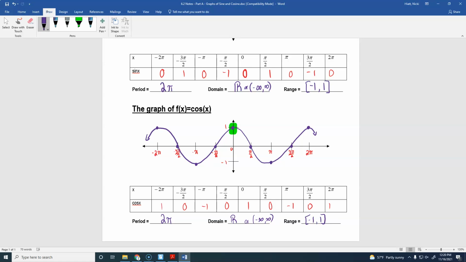Now, what's so cool about this is, the reason we spend so much time on unit circle is to try to help you connect why triangles relate to these graphs. Because these graphs, we're going to look at where they apply to crazy situations that have nothing to do with triangles, right?